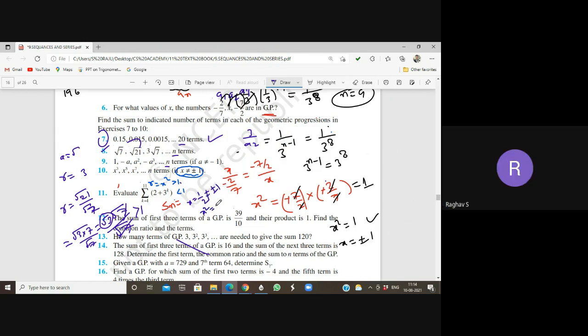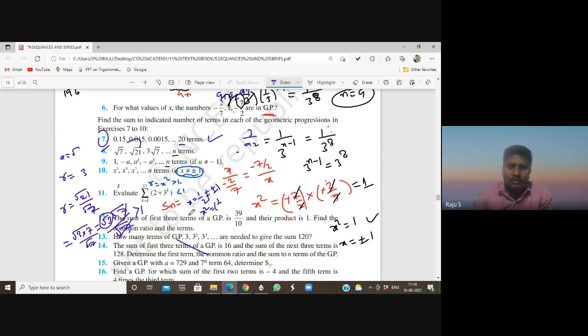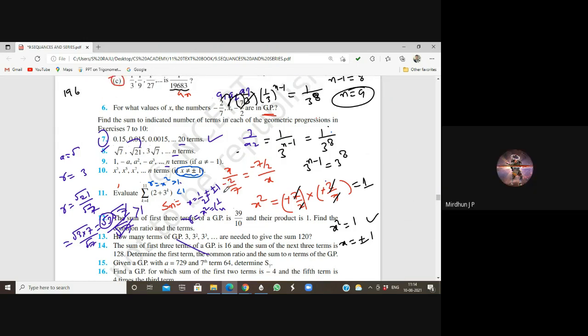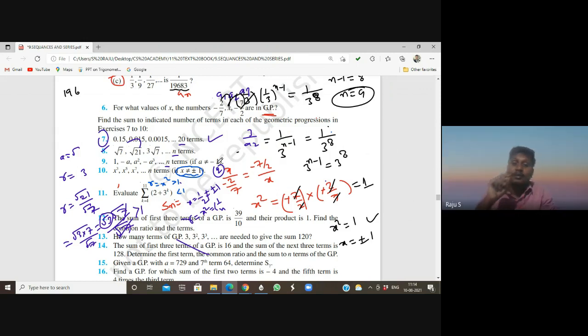What about this x square? X square value is 1 by 4. Is 1 by 4 greater than 1? You can take x is equal to 2 also, or minus 2. That's the reason what I'm saying. Both possibilities are there here.